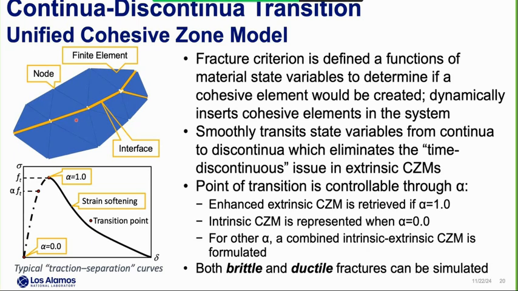So in order to address those problems seen in the existing cohesive zone models, we proposed a new cohesive zone model at Los Alamos, and we call it a unified cohesive zone model. Similar to the extrinsic cohesive zone model, our unified cohesive zone model dynamically inserts the fractures into the system based on the local state variables, and those variables include stress and strain.